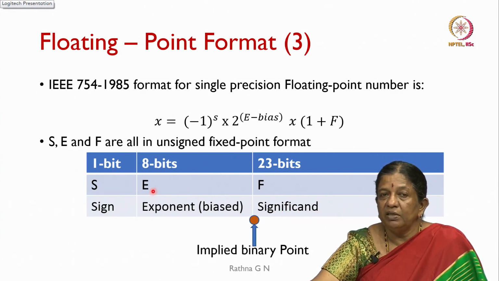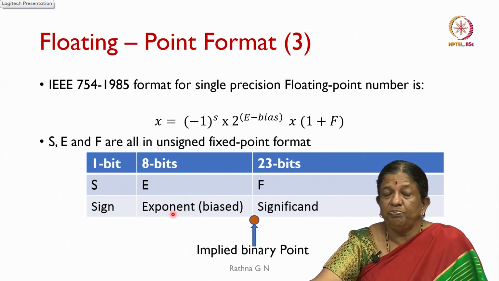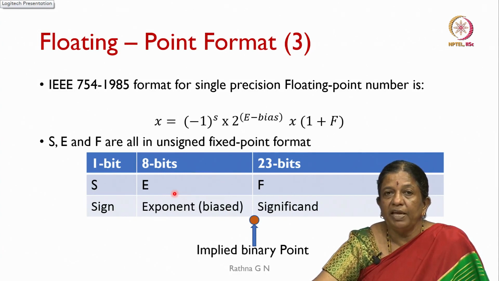You will now be wondering why the exponent is biased, because the exponent can also be represented as positive and negative. I am not allocating any bit for that. We do the biasing to avoid the positive or negative number representation for the exponent.